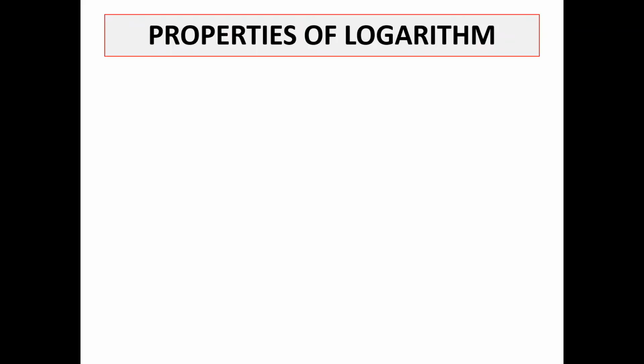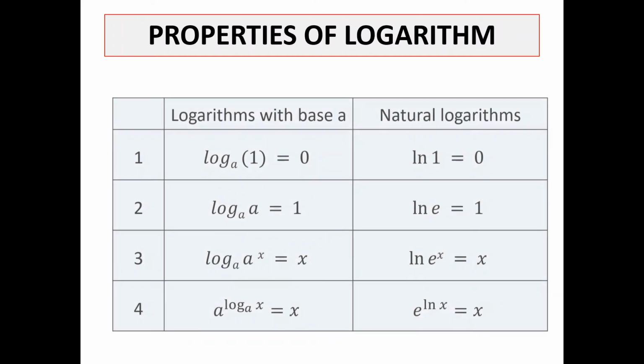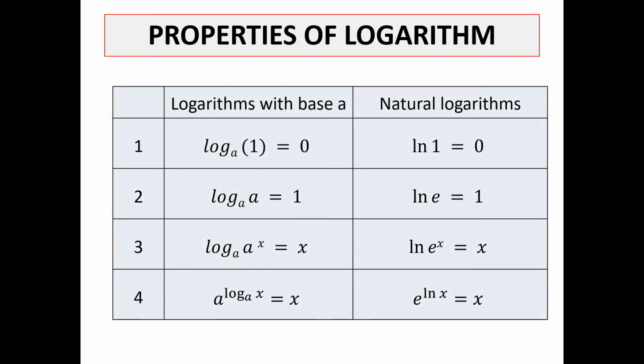Properties of logarithm. You can see now we have four properties of logarithm. We will look at two types of logarithm. First is log with base a, and second one is log with base e, or natural logarithm.